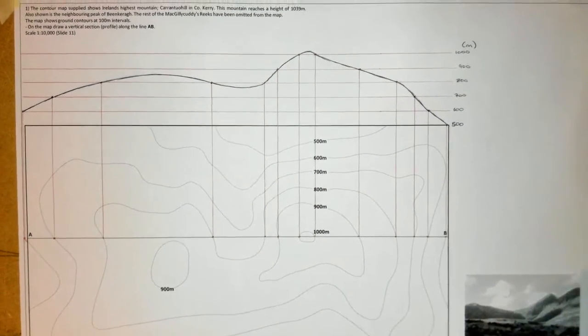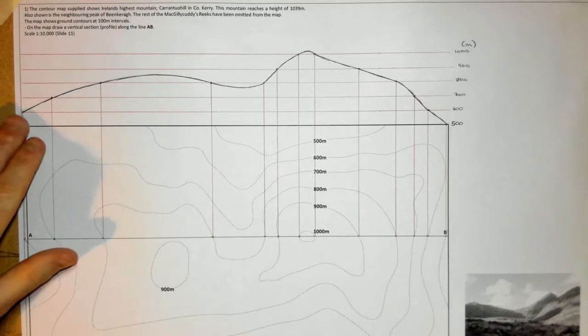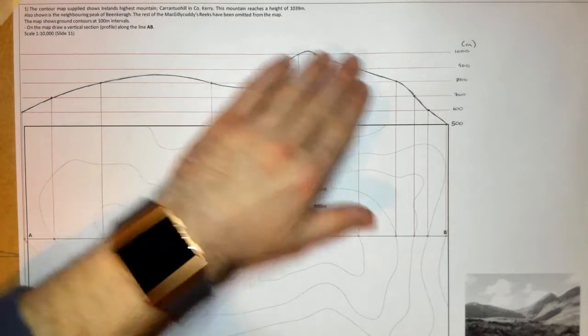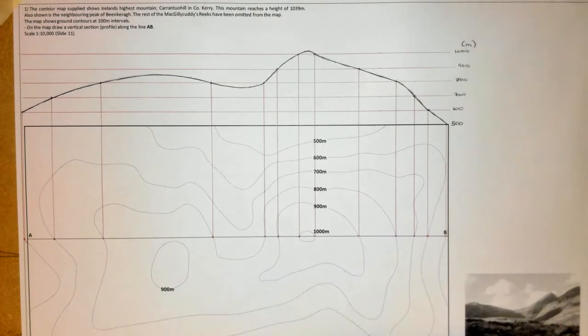That is a profile of the Carrauntoohil mountain, and that section is what you would see if we were to put a slice through it on the line AB, and that's exactly where it's cutting all of those various contour lines.